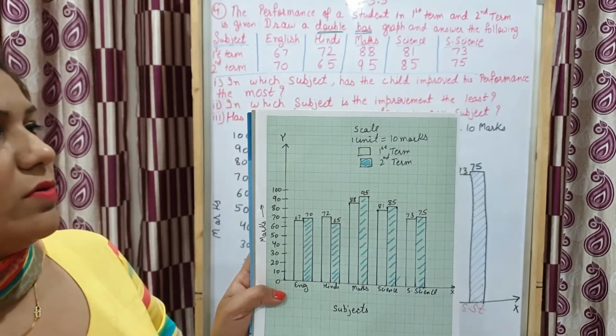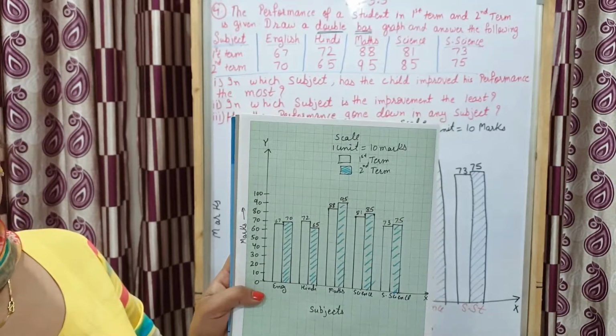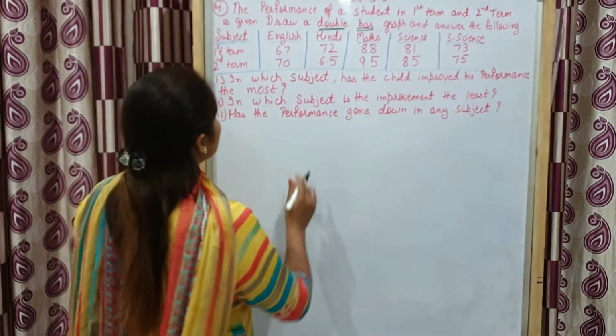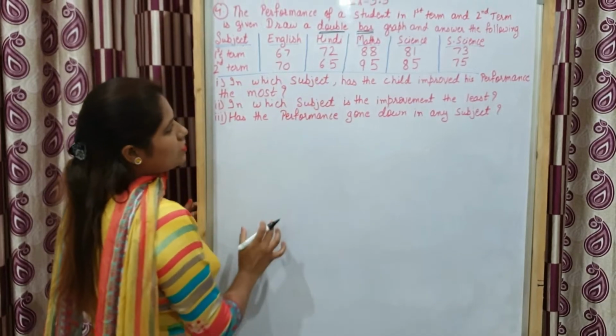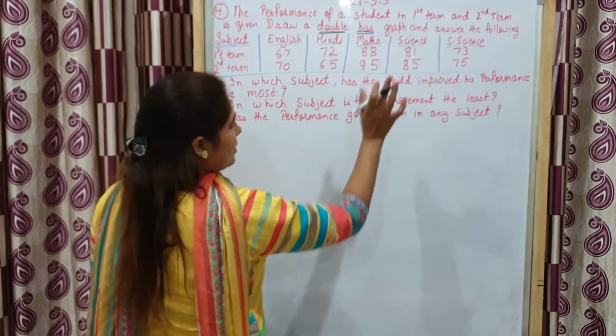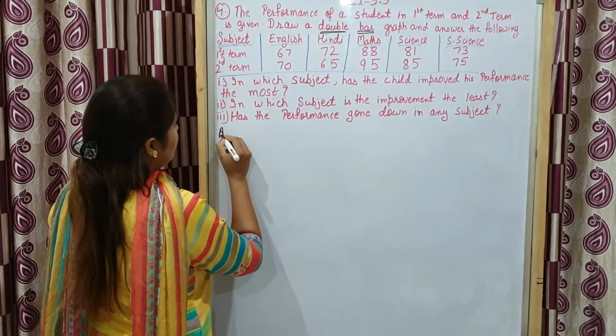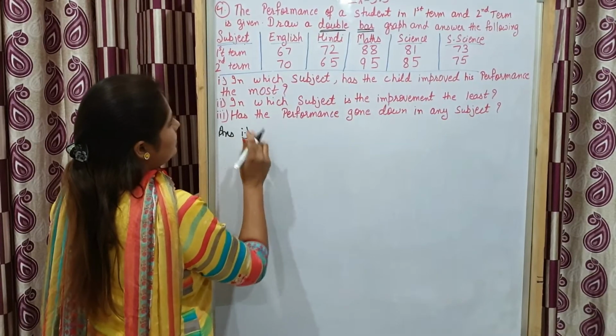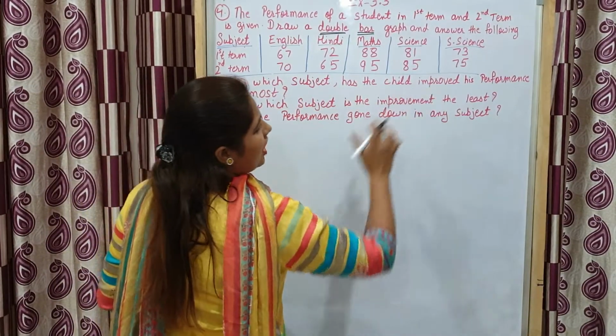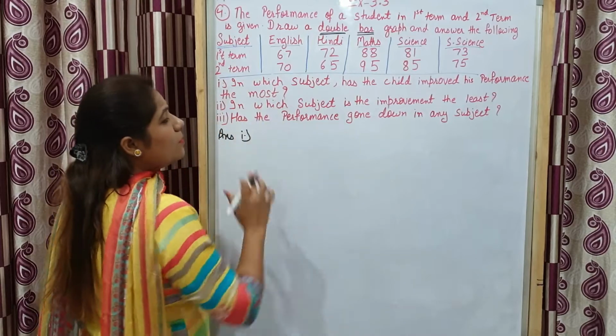Now we will move to another question, that is question number 5. Now students, we have done the double bar graph, and now we have to answer this question. First part: in which subject has the child improved his performance the most?